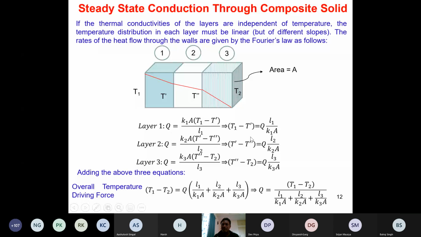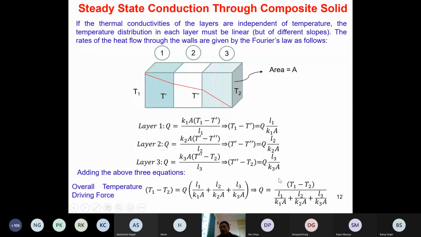If we add all these expressions, we get the net rate of heat transfer Q, which is the same in all three slabs because it is a steady state case. The area is common for all three walls, and therefore Q1 equals Q2, Q2 equals Q3, and all are just Q. So we can obtain Q as (T1 minus T2) divided by the total resistance.